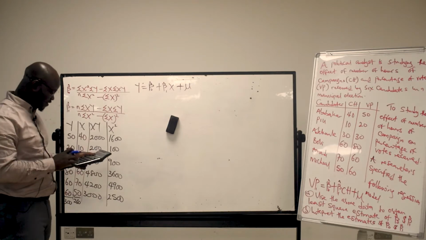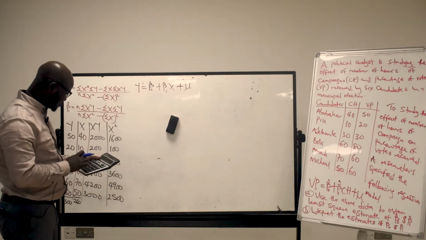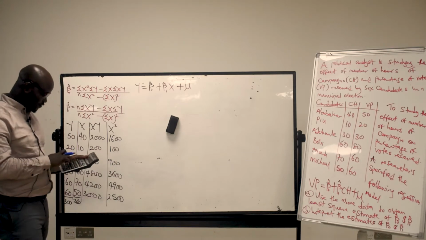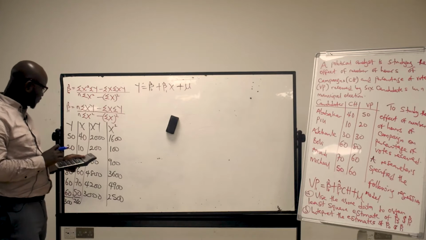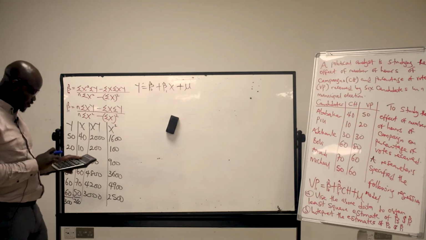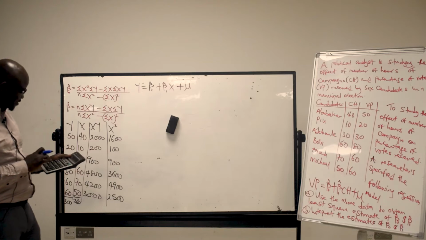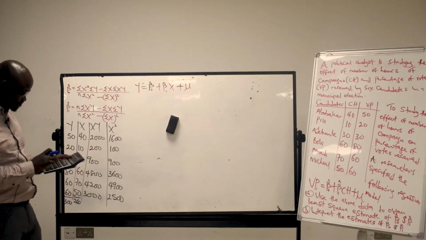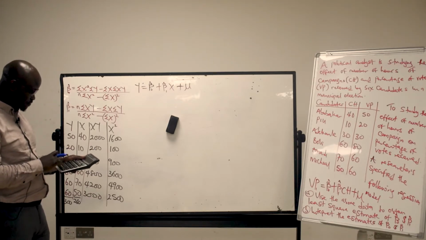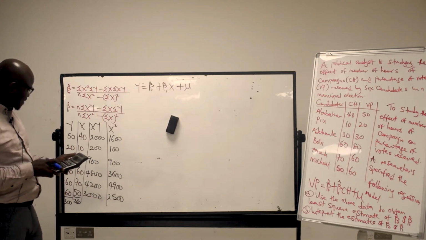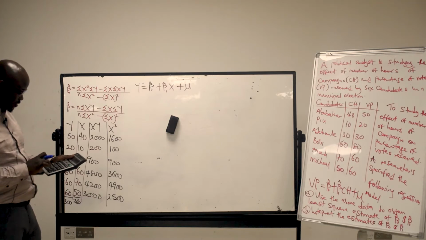Then this, we have 2,000 plus 200 plus 900 plus 4,800 plus 4,200, then plus 3,000, class.